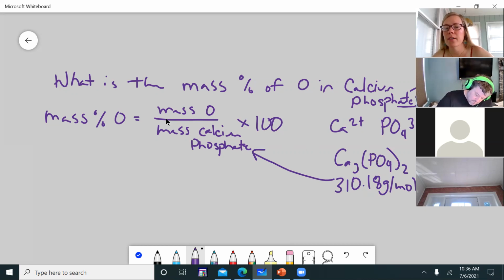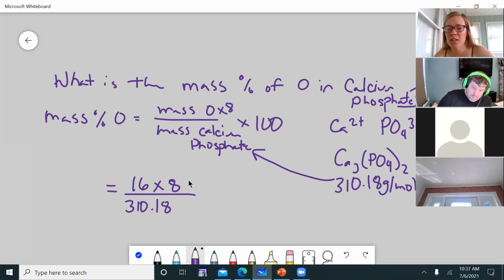So that's the bottom value, right? What's our top value? It's the mass of oxygen, but how many oxygens do we have? We don't just have 1. We actually have 8 oxygens. So I need to multiply that value by 8. So the mass of oxygen is 16 times 8 all over 310.18. What are the units on these?